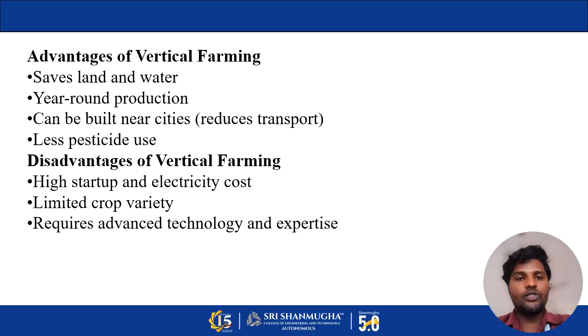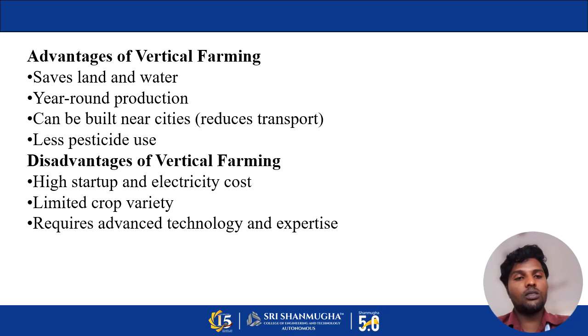Here I listed the advantages of vertical farming, which are common things we have seen before. It saves land and water consumption. Production is higher, so we can get a high yield compared with traditional farming. It can be built near cities.